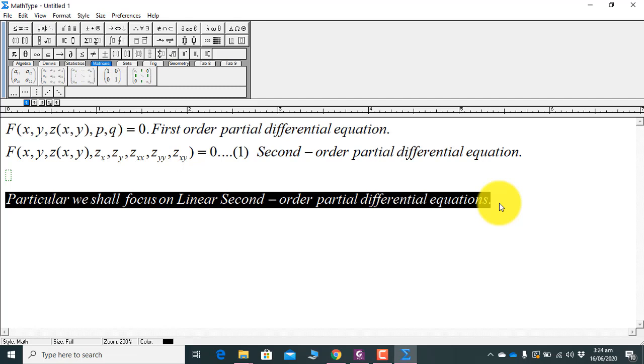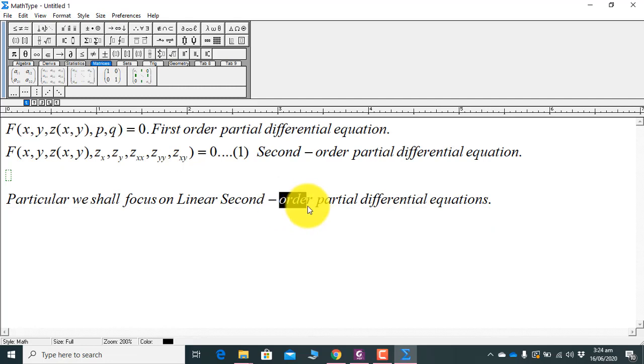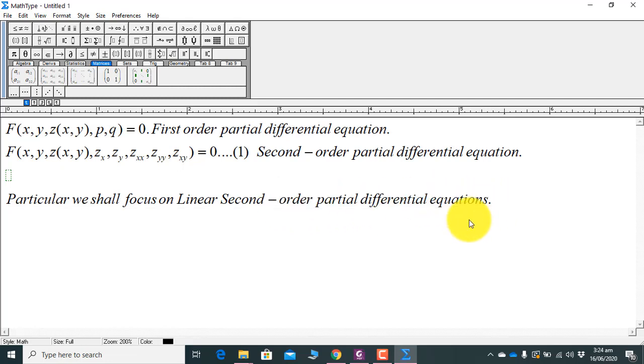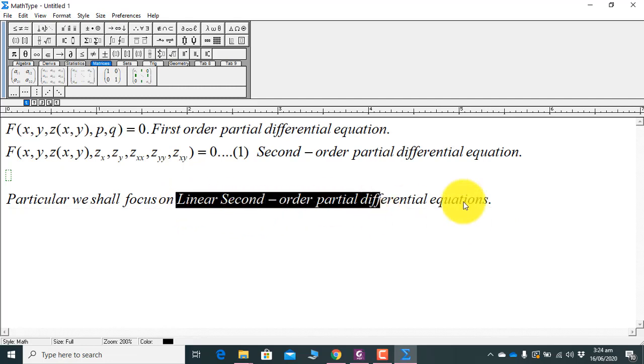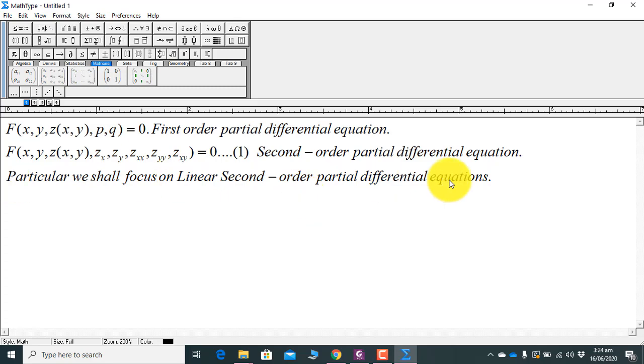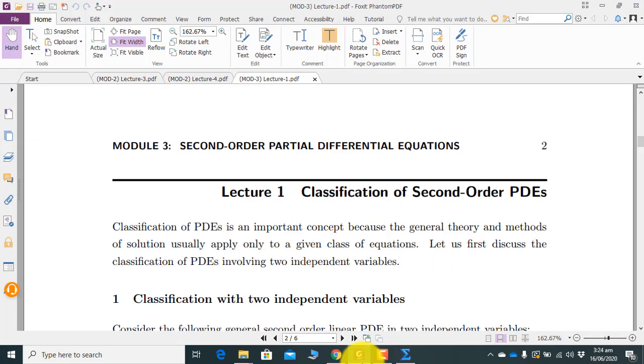But in your course there are some methods included, so we shall focus on one or two basic methods in order to solve linear second order partial differential equations. Okay, so let's formally start the lecture with second order linear partial differential equations.